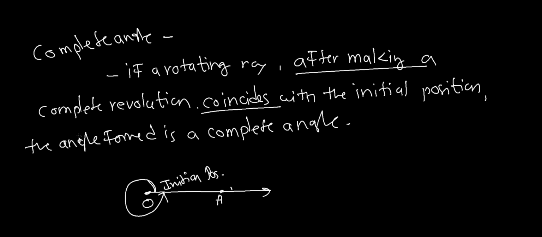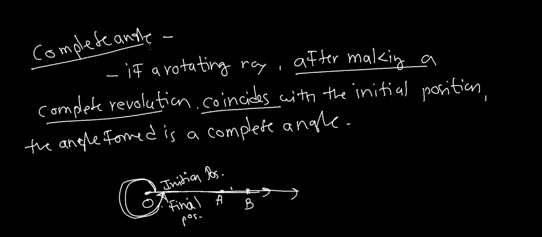So after making a complete revolution, its final position, which will be AB, coincides with the initial position. So this shows the complete revolution. This is known as complete angle. So angle AOB equals complete angle.